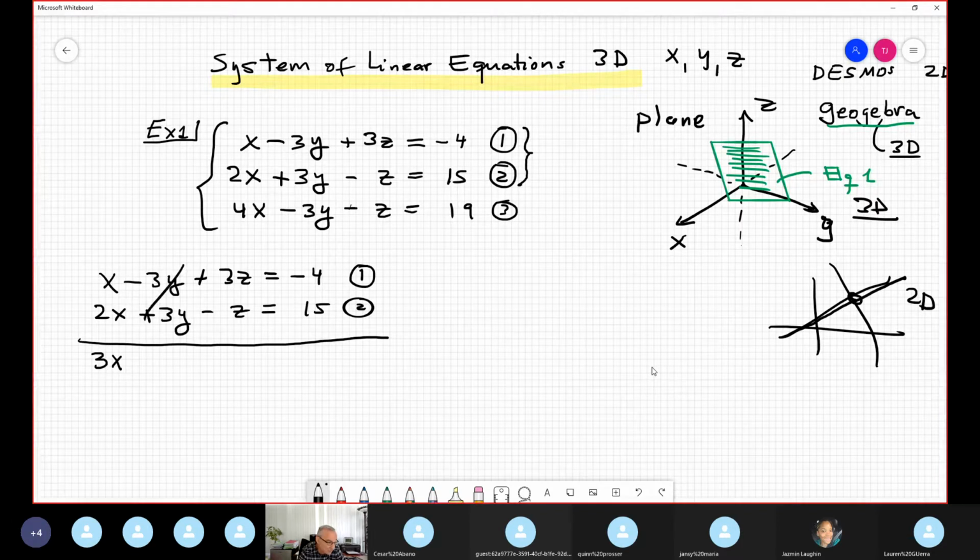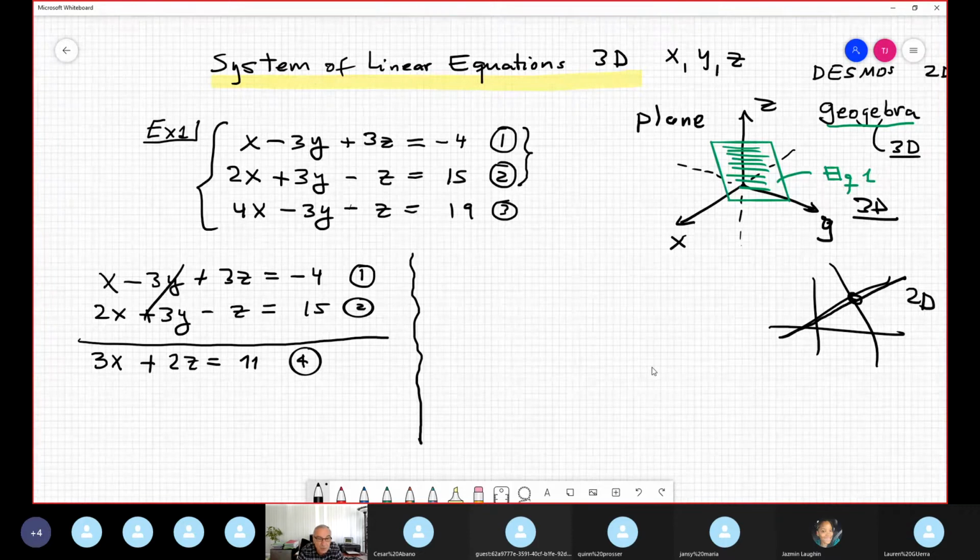I take advantage of this. The column of the z is 2z. Equal 11, because 15 minus 4 is 11. Entonces we get the new equation. This new equation contains only two variables, x and z. Y is removed. And now this equation I call equation number 4, because this is the new equation that we discover in the middle of the process.